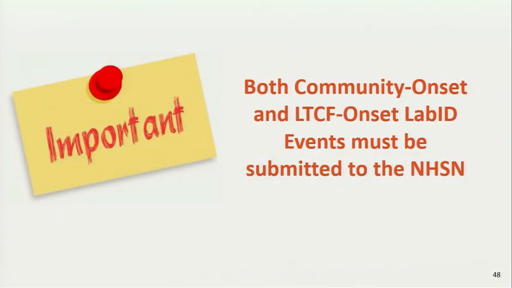Keep in mind, both community onset and long-term care facility onset LabID events must be submitted to NHSN. So even if the specimen is collected on day 1 of that current admission, you would still need to submit that as a LabID event to NHSN. And this is important because these data impact incidence and prevalence data that is analyzed for your facility. And again, Elizabeth is going to talk more about that.